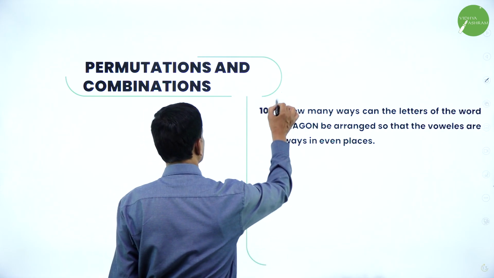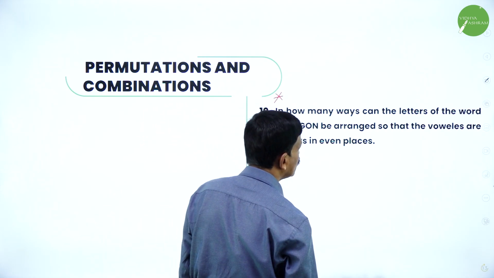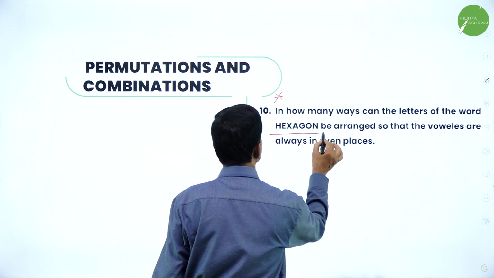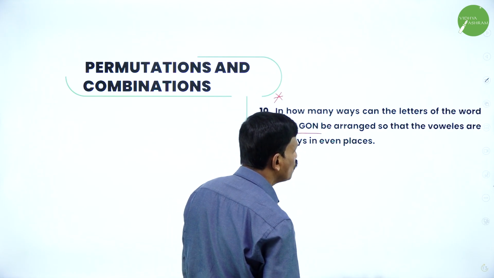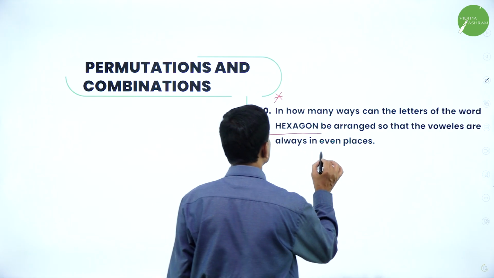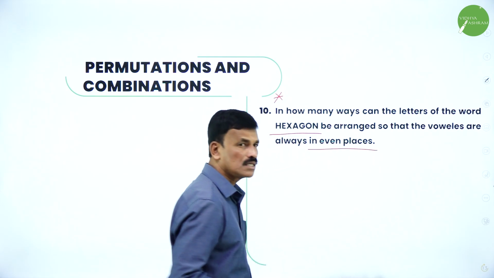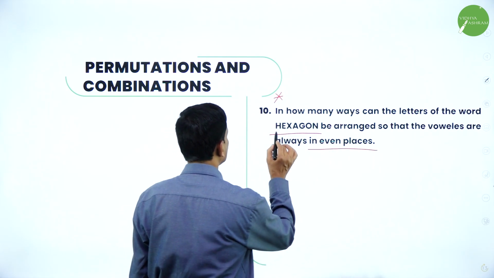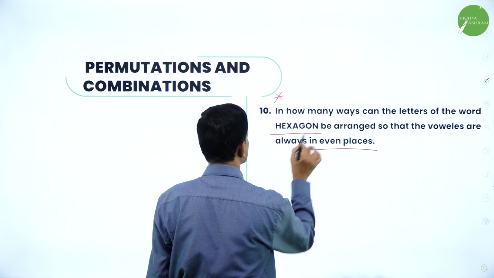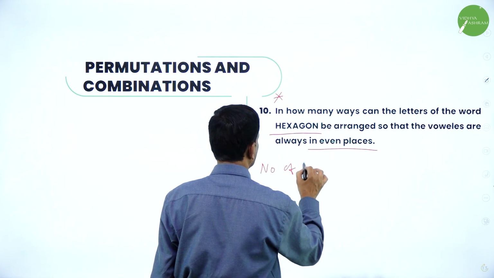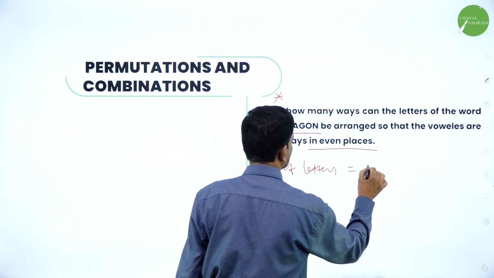This is also an important problem. In how many ways can the letters of the word hexagon be arranged so that the vowels are always in even places? How many letters are there? 1, 2, 3, 4, 5, 6, 7. So there are 7 letters.